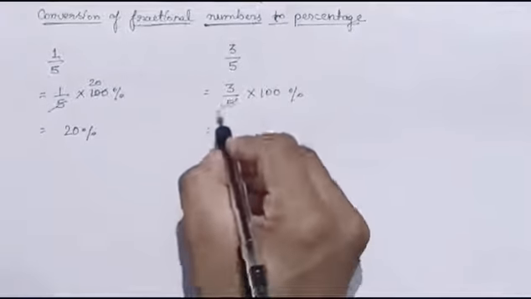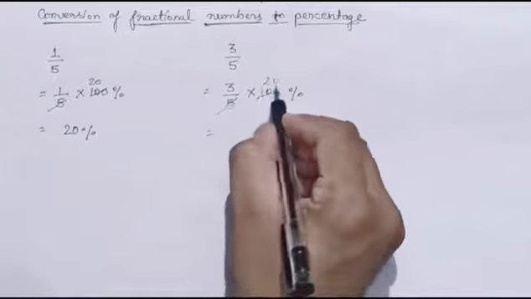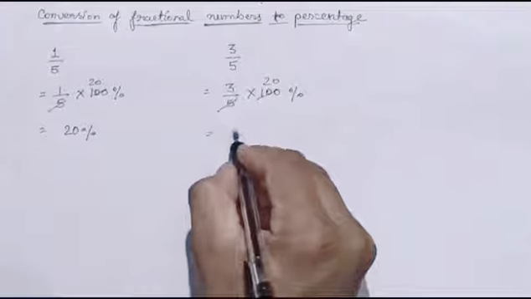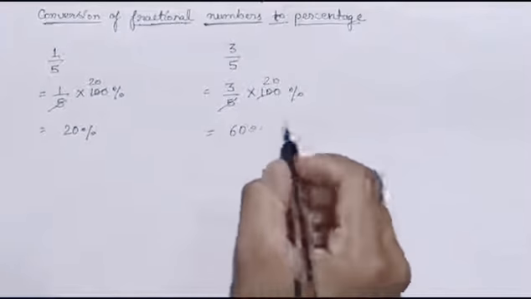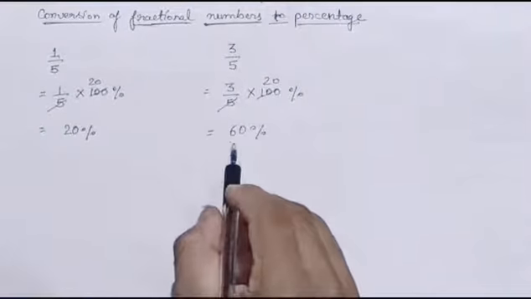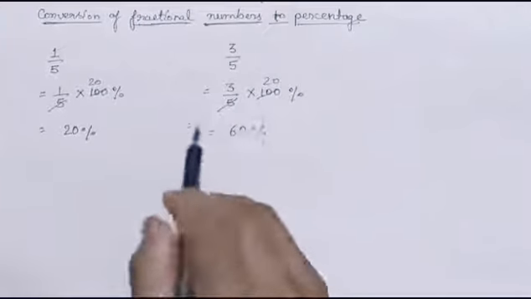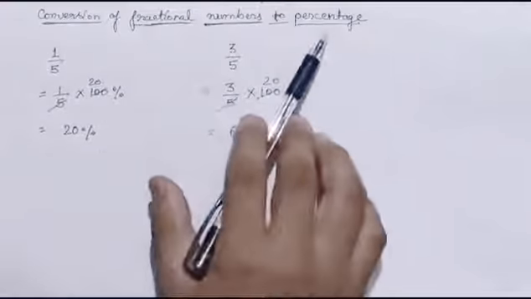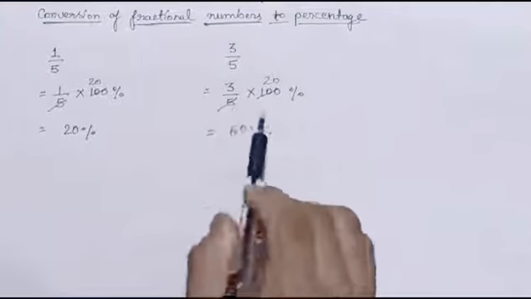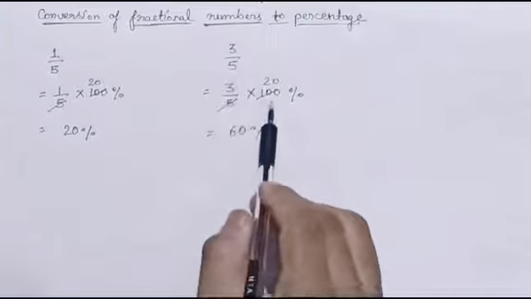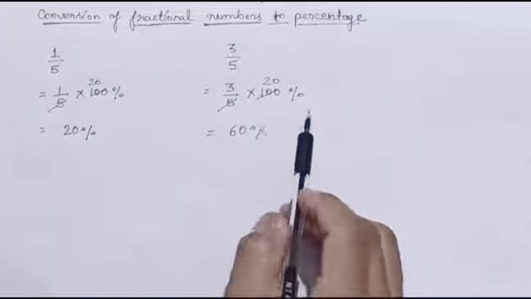Now simplify it. 5 20 times 100, 20 into 3, 60. It means 3 by 5 is equivalent to 60%. So this is the method of converting fractional number to percentage. You just have to multiply the given fraction by 100 and put the percentage sign.